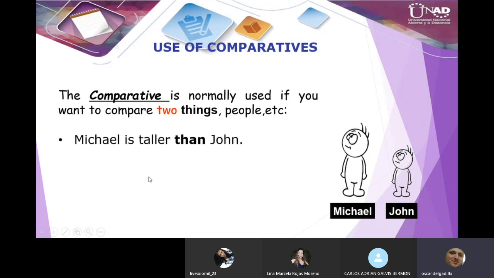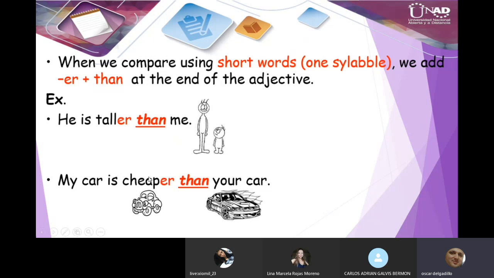Tall has one syllable. When we compare using short words, one syllable, we add er plus than at the end of the adjective. For example, he's taller than me, or my car is cheaper than your car.